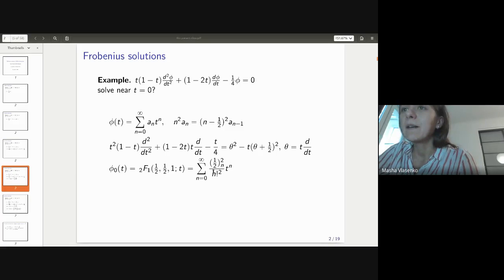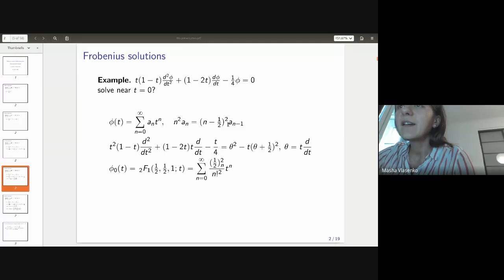Here, this (1/2)_n is the Pochhammer symbol. This is the classical hypergeometric function. We don't really need anything specific about it. We see that it's a power series with rational coefficients, and they satisfy this recurrence.